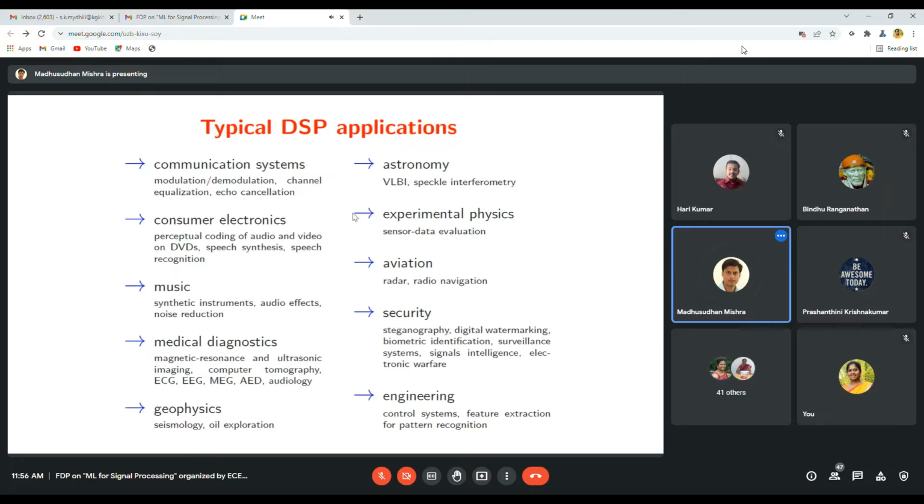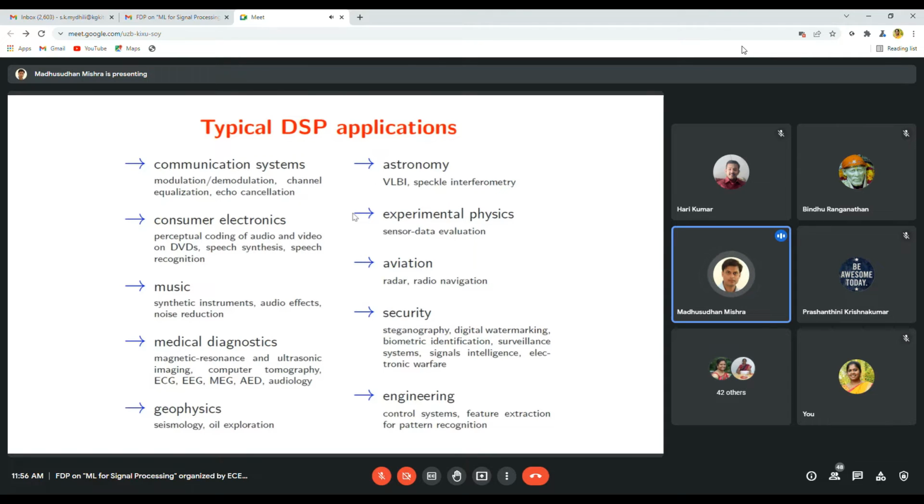So if we have a signal with a higher bandwidth and we require operation in real time, meaning the output should be available at that moment only, in that case we still prefer analog signal processing.